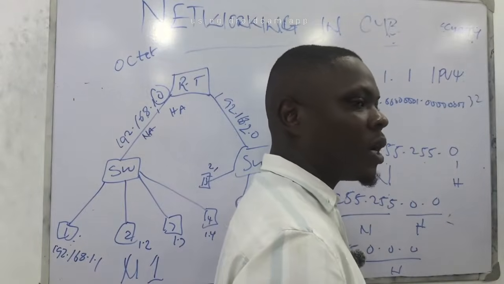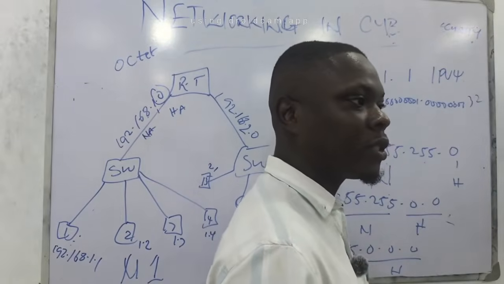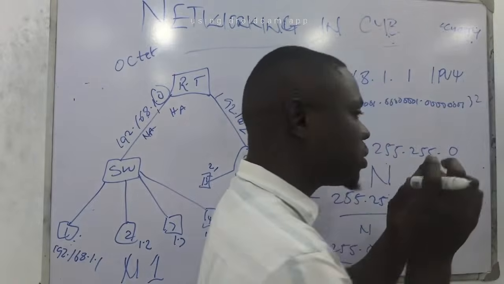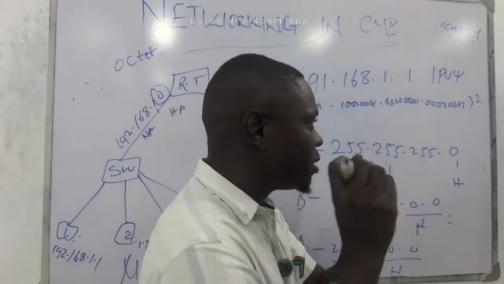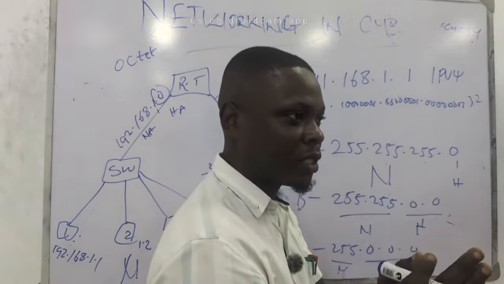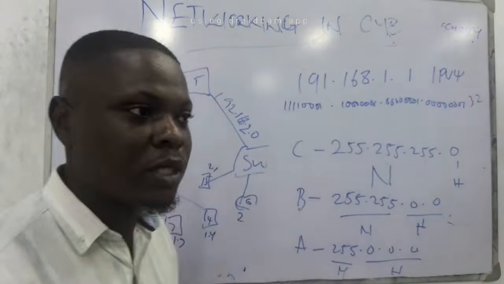Altogether. And there's one other thing called the CIDR notation, right? The CIDR notation tells you the total number of bits in the network portion of an IP address. CIDR stands for classless interdomain routing notation.